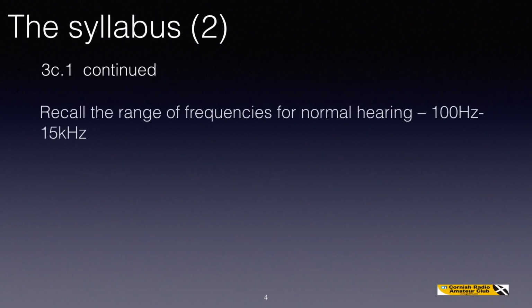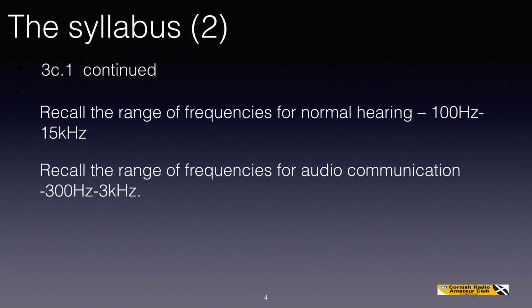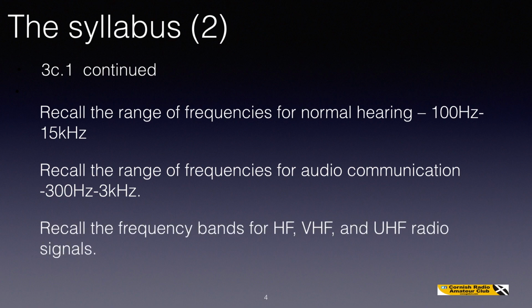Recall that the range of frequencies for normal hearing is 100 Hz to 15 kHz. Recall the range of frequencies for audio communication is 300 to 3 kHz. So we limit what we send to air for practical reasons. Recall the frequency bands for HF, VHF and UHF radio signals.